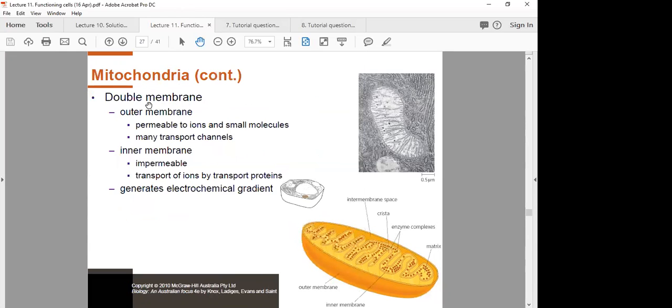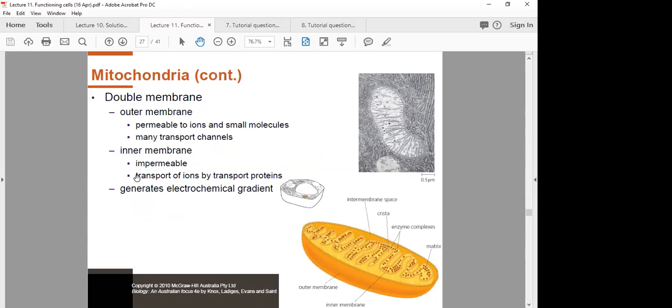The structure of mitochondria. They have a double membrane, just like the nucleus. The outer membrane is highly permeable to ions and small molecules, and this is because the outer membrane contains lots of transport channels, that is, those transmembrane proteins. The inner membrane, on the other hand, is highly impermeable. That is, there's very few transport proteins embedded in the inner membrane.